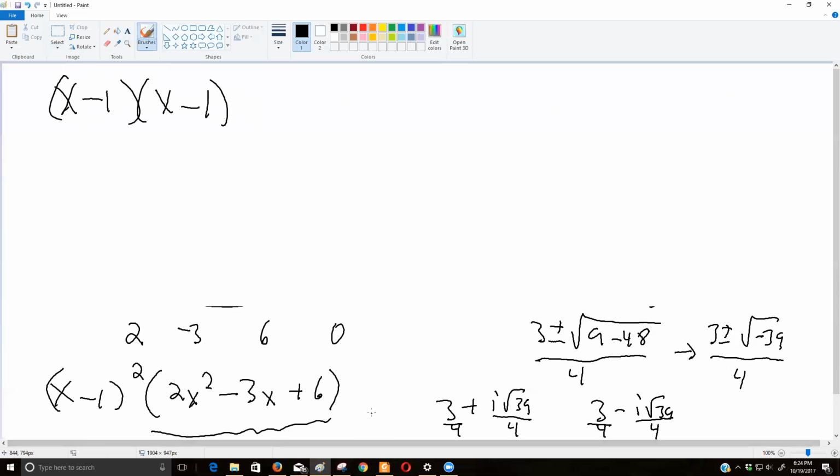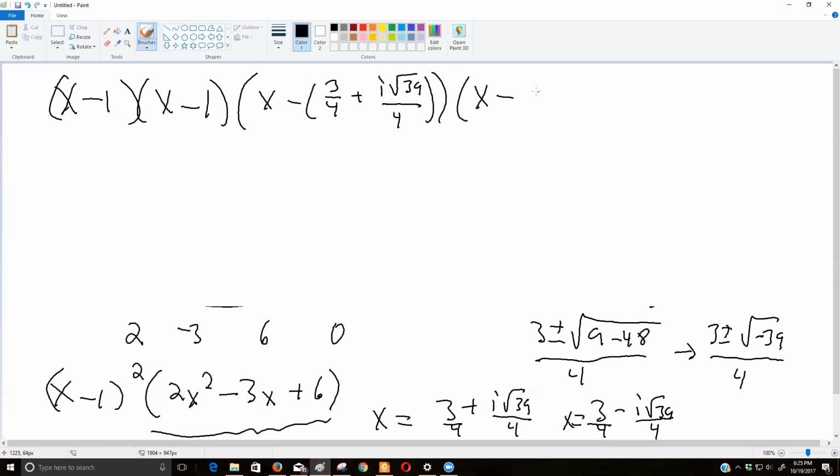And then since I know x equals this and x equals that other complex number, to write them as linear factors, I can either write x minus the quantity 3 over 4 plus i root 39 over 4, or I could distribute that negative through. Either way works. And then the other linear factor is x minus 3 over 4 minus i square root of 39 over 4.